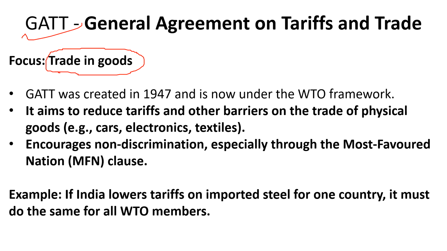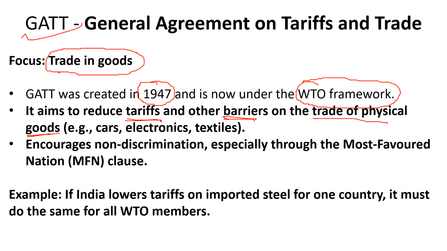GATT was created in 1947 and is now an agreement under the WTO framework. What is the aim of GATT? It aims to reduce tariffs and other barriers on the trade of physical goods.